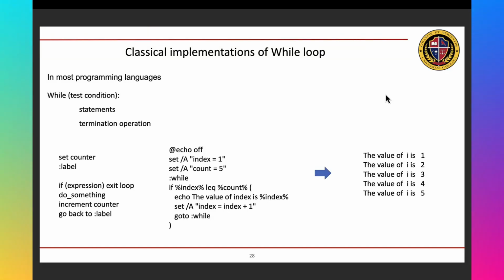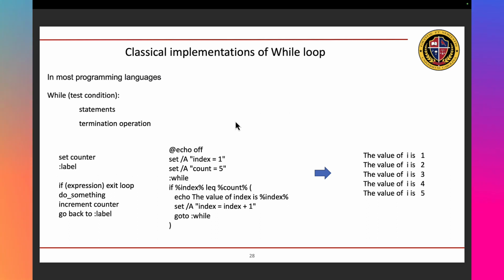Now let's look at the while loop. In most programming languages, the while loop has this implementation: the while keyword, a test condition, statements that are to be executed while the condition is met, then a termination or an update operation. In bash scripting, by using if and goto statements, we can implement the same logic. Let's look at it.